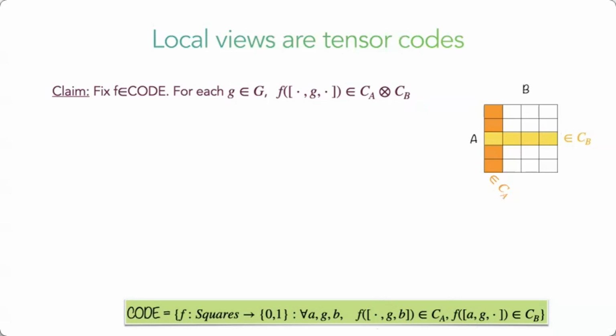Now, what's kind of special about tensor codes? Tensor codes have some redundancy among their constraints. If you look at the linear constraints that define a tensor code, in every row you need to be in CB, and in every column you need to be in CA. If you count the constraints and do the math, you'll see that there are more constraints than the dimension of the dual code.